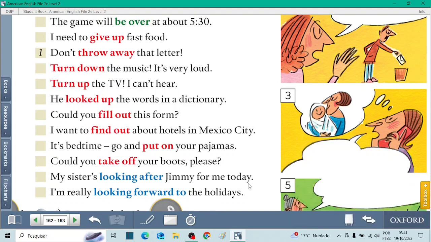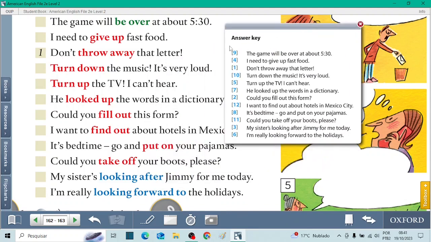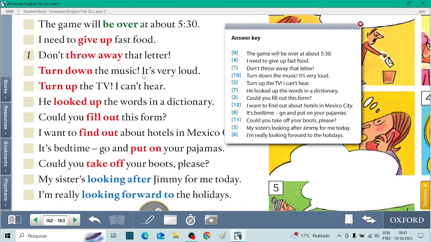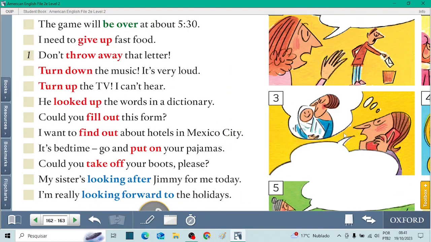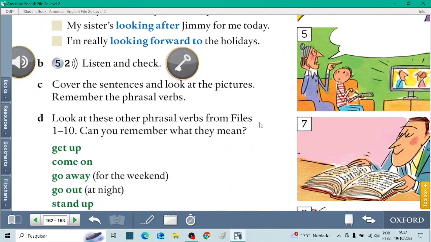Great. Fantastic. So this is the order. Check if you did them right. Fantastic. Now, if the pictures didn't help much, you can use a dictionary to enlighten yourself. That's great.